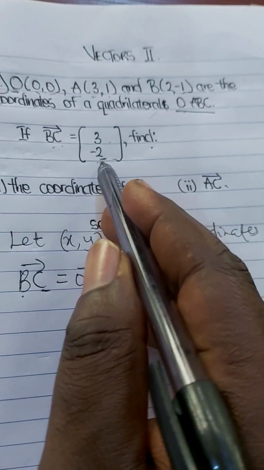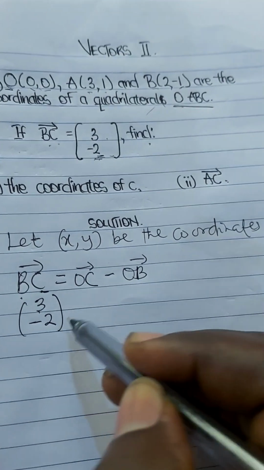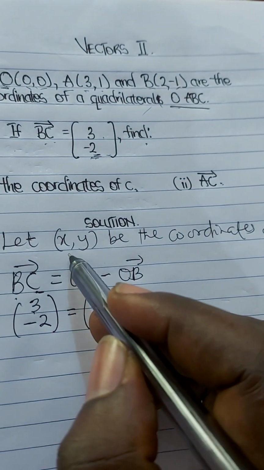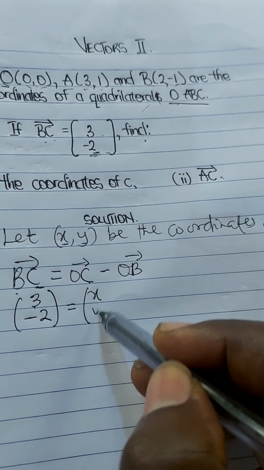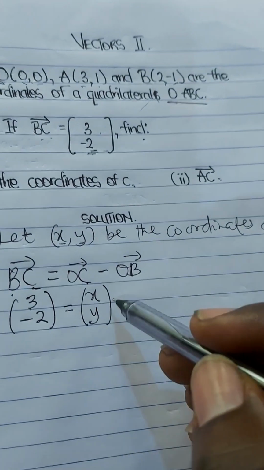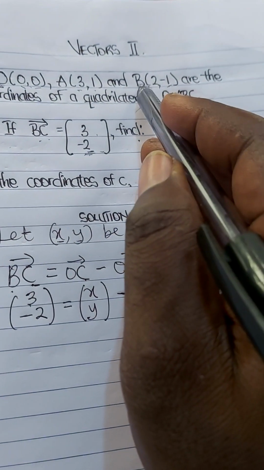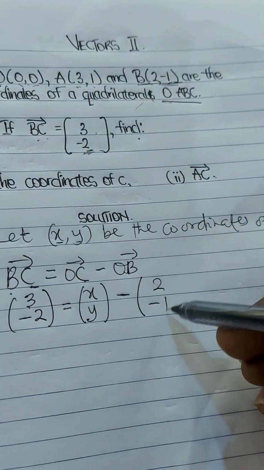BC was given to us in the question as what? (3, -2). And C, which we don't know, we are representing with X and Y. So (X, Y) minus B. B was given to us in the question as (2, -1).